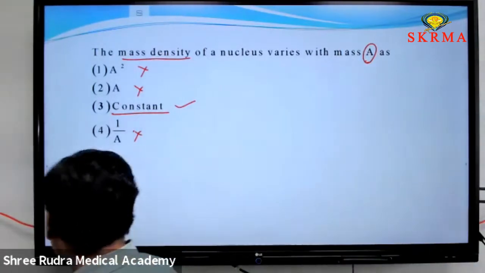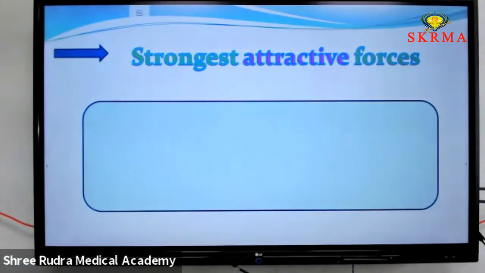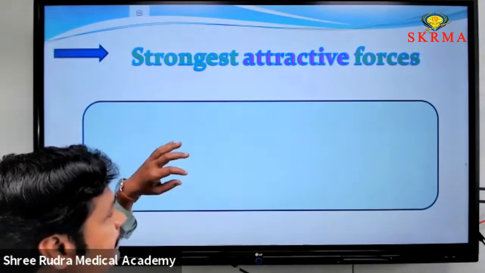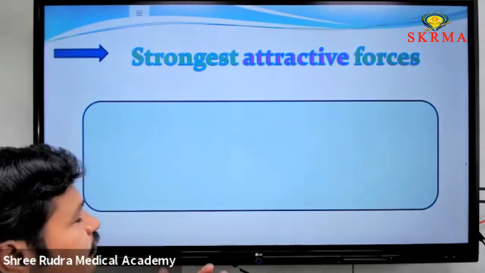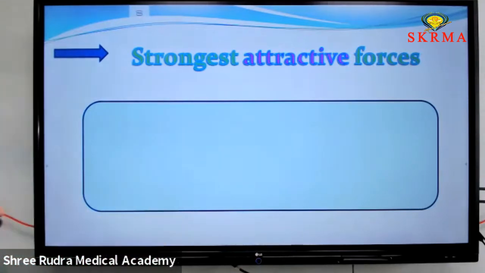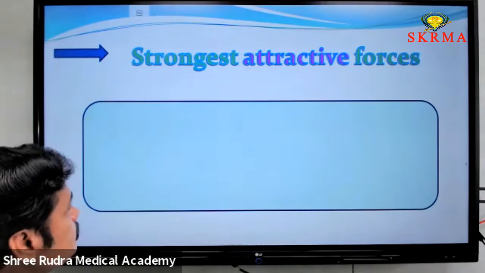Let us discuss another property, that is the nuclear forces are strong as well as attractive. There are two different statements in this property. The first one is that the nuclear forces are strong.